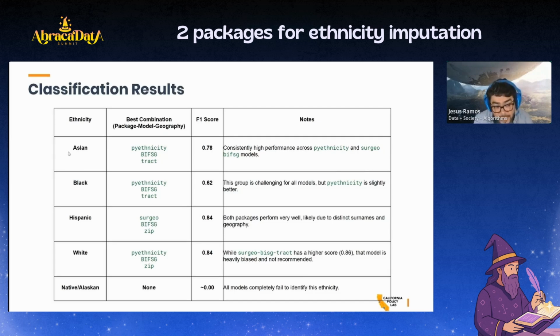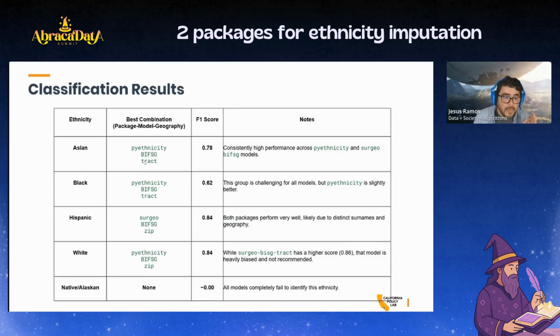Now, for Asian ethnicities, we have an F1 score of 0.78. And we get consistently high performance across all models and combinations of geographies from the Pi ethnicity package.